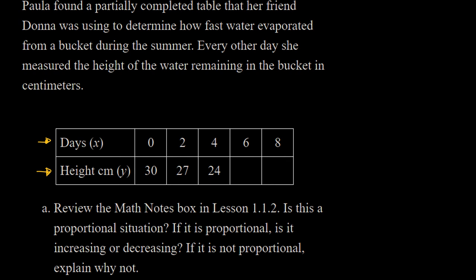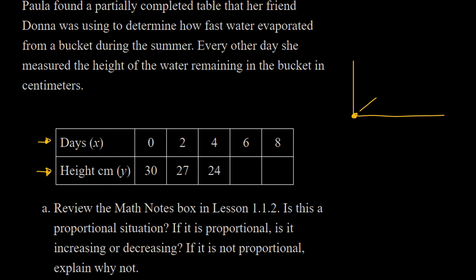If I was measuring how much the water decreased in centimeters, I could say it was. But if it's proportional, I have to be able to say that at day 0 there was 0 decrease.